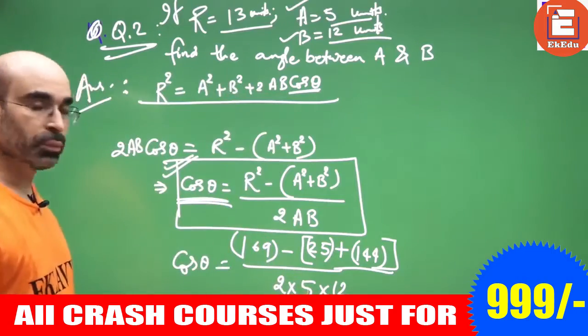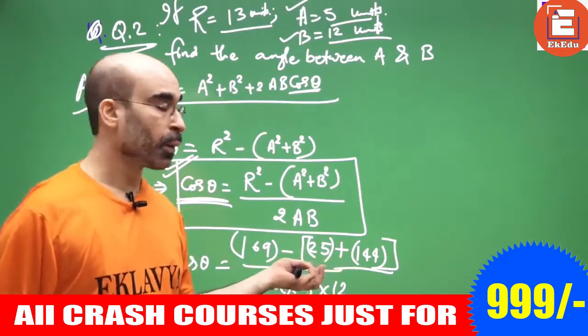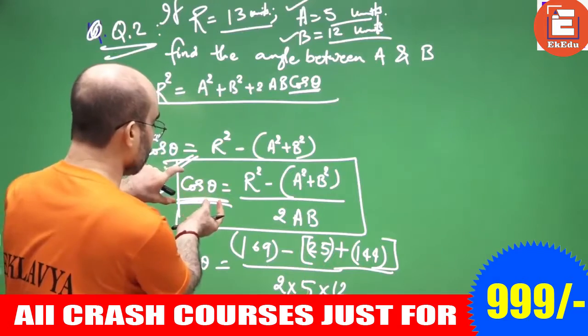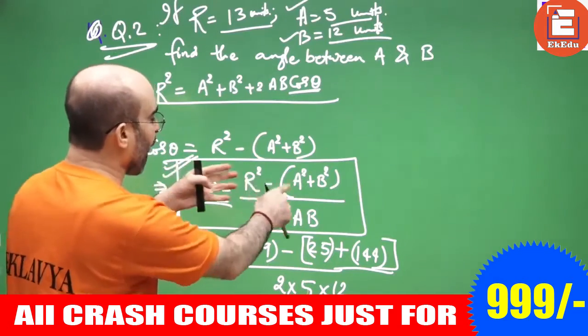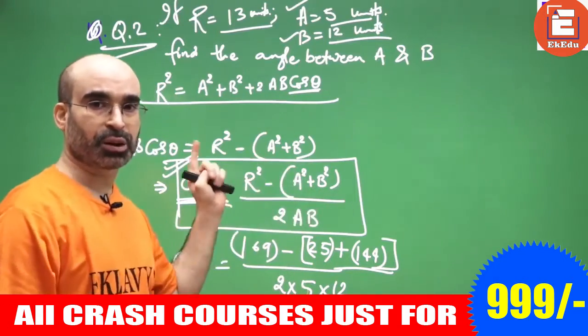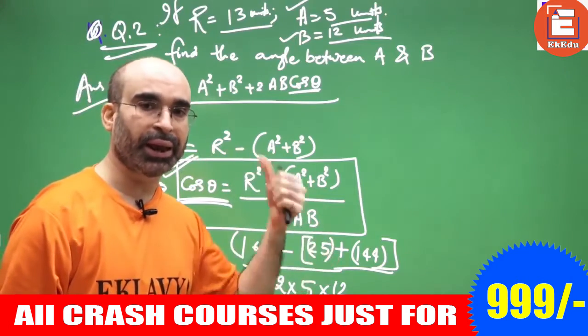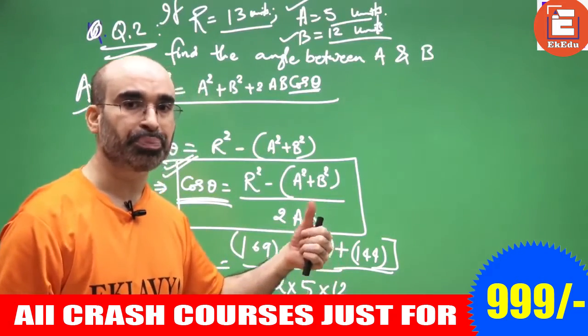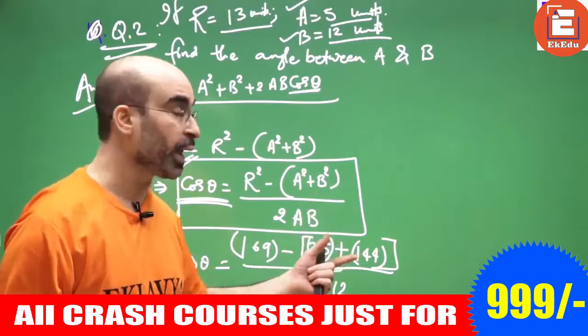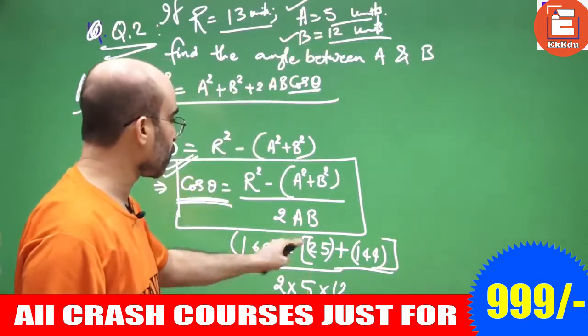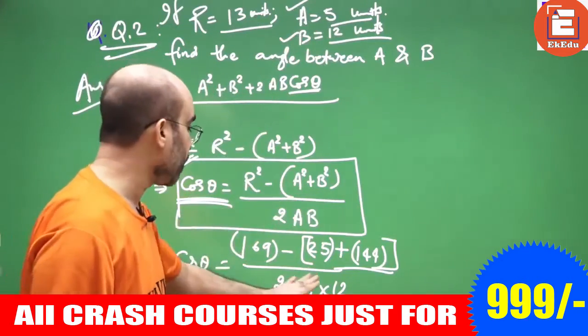We have substituted these values of R, A and B. R is the magnitude of the resultant vector, A is the magnitude of vector A, B is the magnitude of vector B.